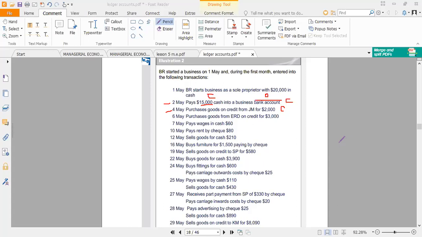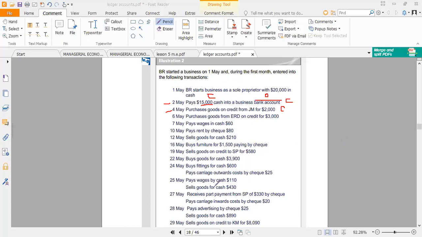We also have expenses to do with selling and distribution, which include advertising, carriage outwards, marketing, and commission for salesmen. We also have financial expenses like interest on bank loans, interest on debentures and loans. Those are financial expenses.